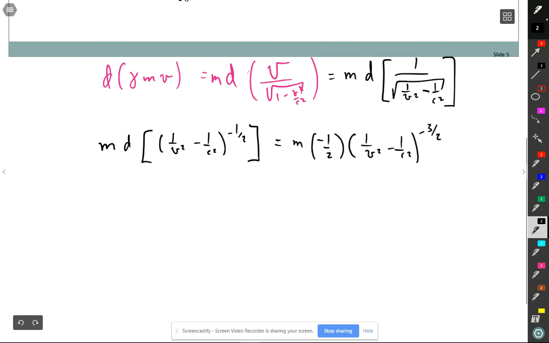And then what's the final step? Derivative of the inside. So the derivative of 1 over v squared, or v to the minus 2, is going to be minus 2 times v to the minus 3.